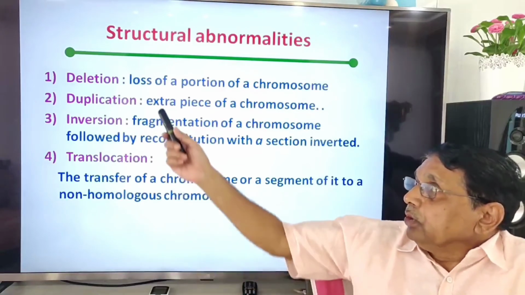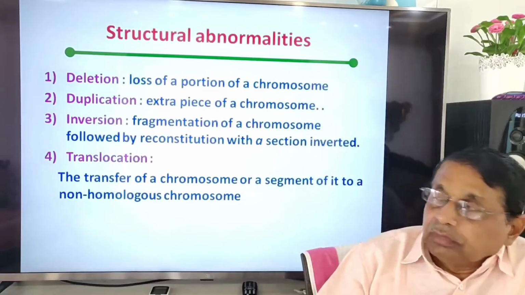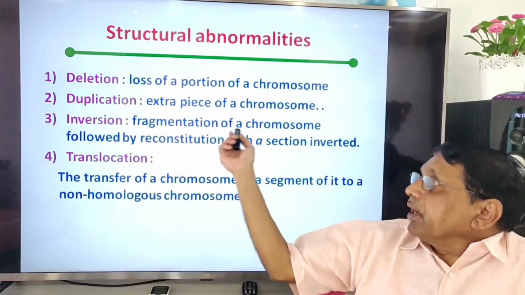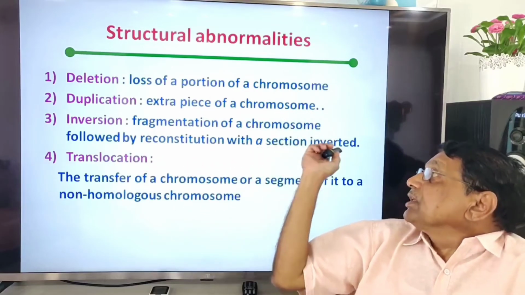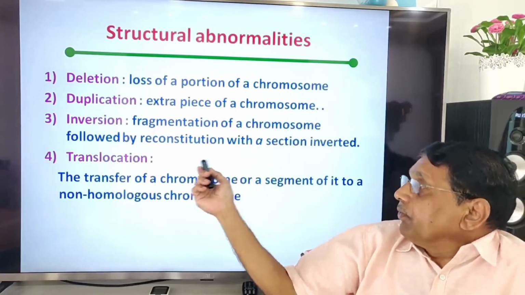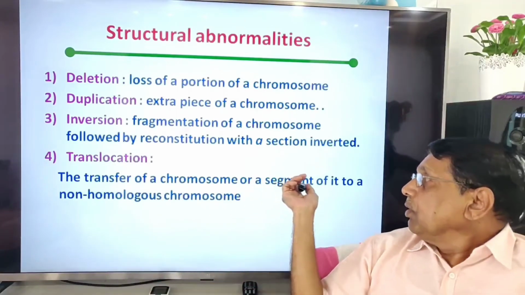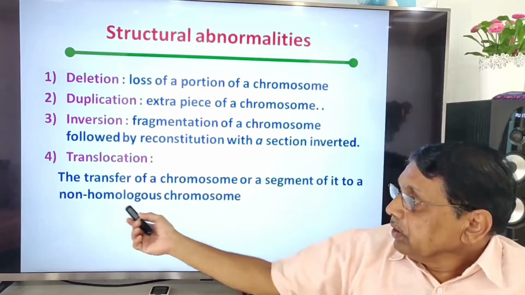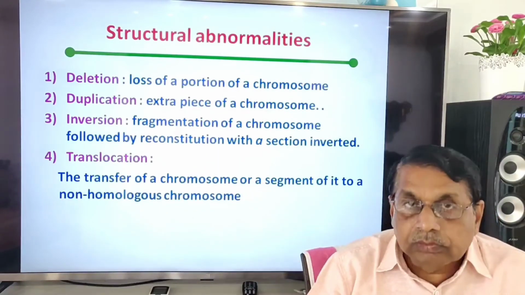That is duplication, extra piece of chromosome. Inversion, fragmentation of chromosome followed by reconstitution with a section inverted. Translocation, transfer of a chromosome or segment of it on a non-homologous chromosome.